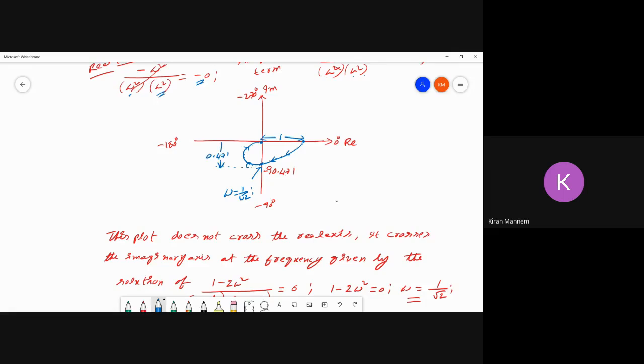You can even draw it on graph sheet and you get the perfect shape, right? So the first point would be minus 1 minus j0, which we should write at omega equal to 0. And the last point would be minus 0 minus j0, right? At omega equal to infinity.